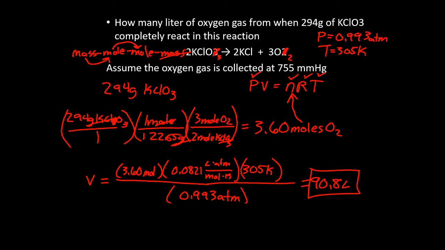Although we don't normally do it with 290 grams of potassium chlorate. It's closer to 10 grams, so not quite so much. But that is pretty much as intense as these problems are going to get. It's not going to get any more intense than that.